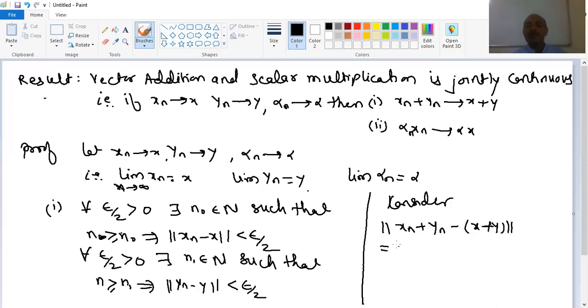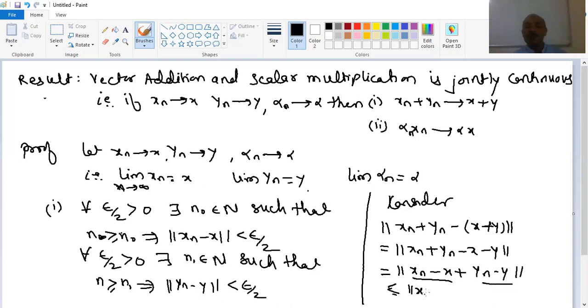We can write this as the norm of xn plus yn minus x minus y, that can be written as xn minus x plus yn minus y. From these two, this is less than or equal to norm xn minus x plus norm yn minus y.